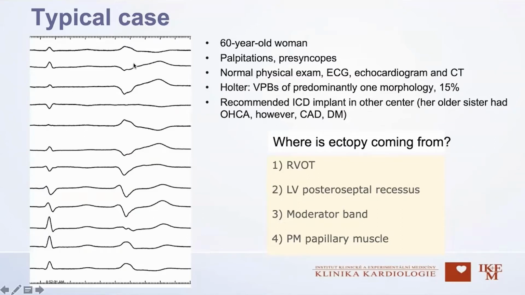You see ECG with, again, superior axis, positive in lead 1, and left bundle branch block with a relatively late transition. So this ectopic cannot come from RVOT, cannot come from posteroseptal recesses, cannot come from posteromedial papillary muscle, because that would be a right bundle branch block.